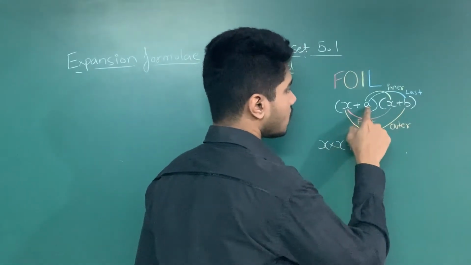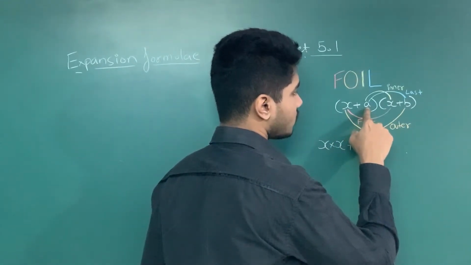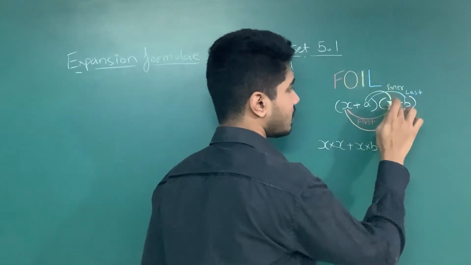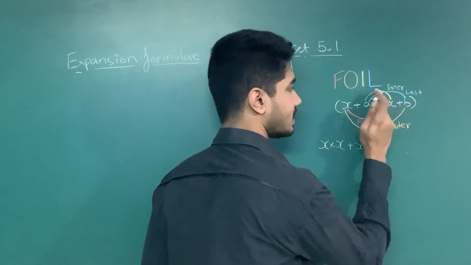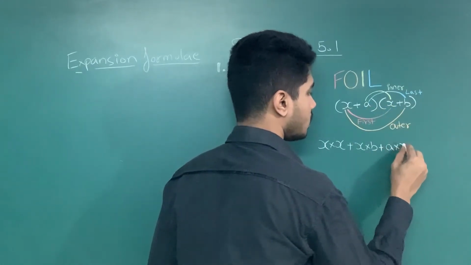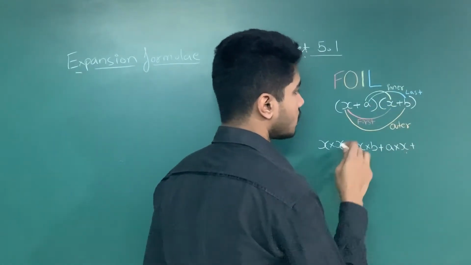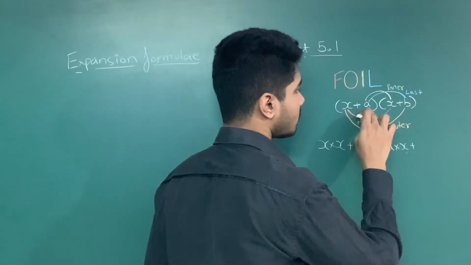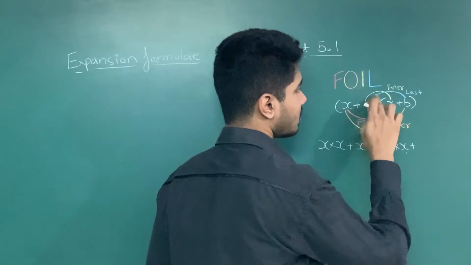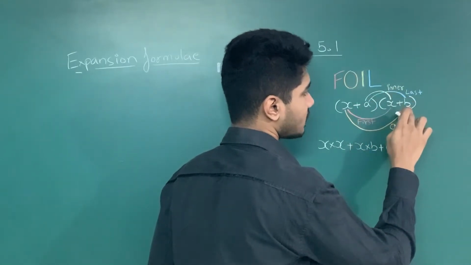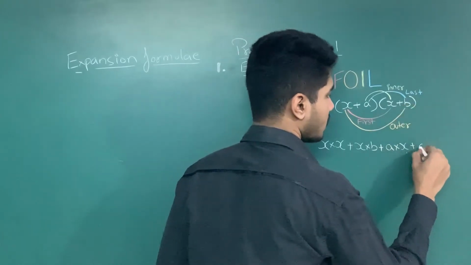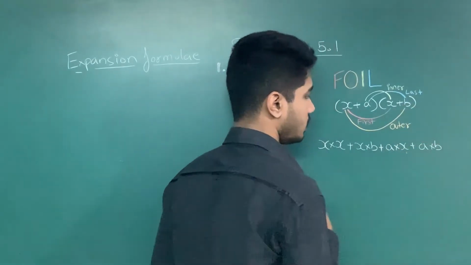Plus a stands for the inner over here of this bracket because it's inside the bracket, so the inner will get multiplied with the inner of the x because the x is inside the bracket, so a into x. Now over here a also stands for the last of this bracket, so the a will get multiplied to the last alphabet, that is b over here, the variable, and you get a into b.